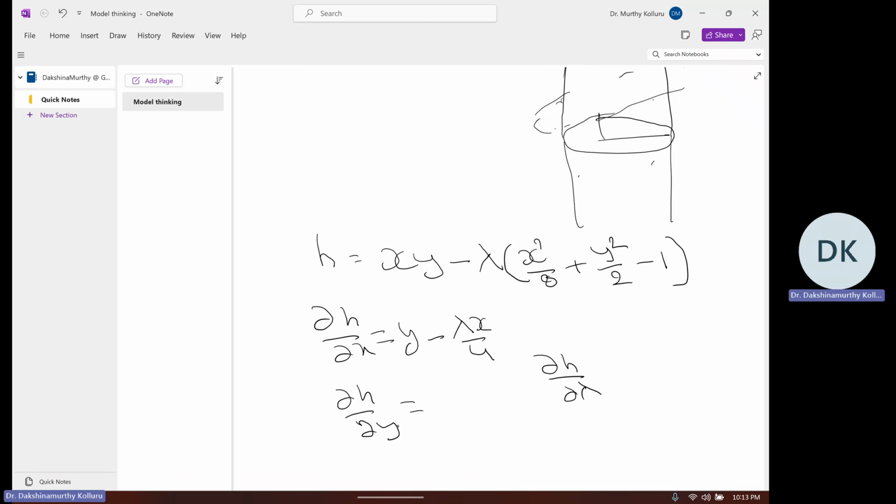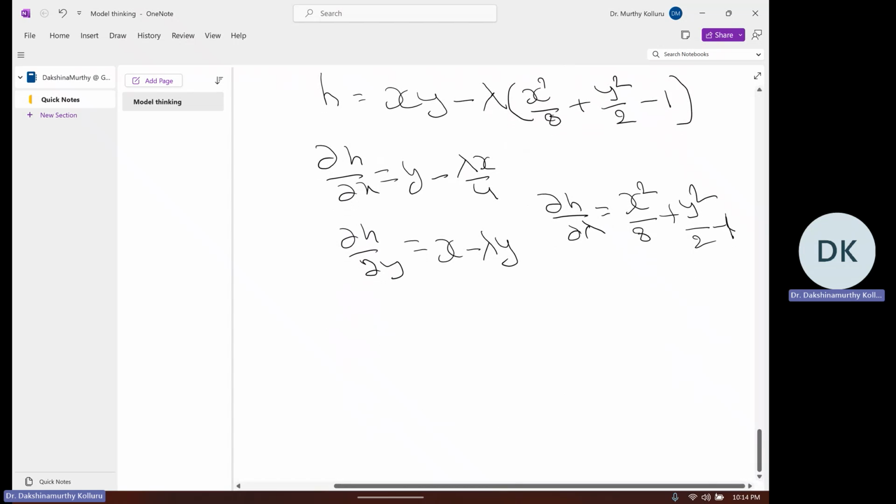Now I'll take y as a variable: x minus, this becomes 0, 2y by 2, y, lambda y. Dou h by dou lambda, essentially this becomes 0 and I'll just get this x square by 8, y square by 2 minus 1. This is essentially always the constraint. And now I need to make all these three equal to 0.